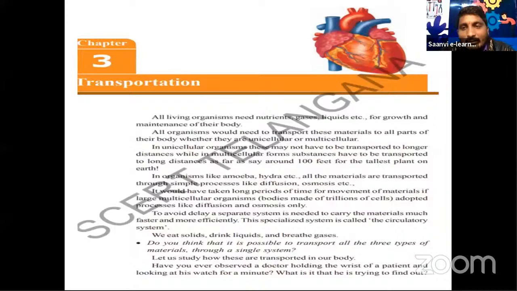And the air we breathe is also transported to the cells to release energy, and water also will be supplied all over the body. Do you think it is possible to transport all three types of materials through a single system? Yes, it is possible, and let us study how these are transported in our body.